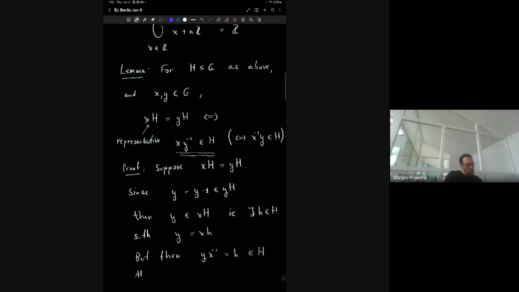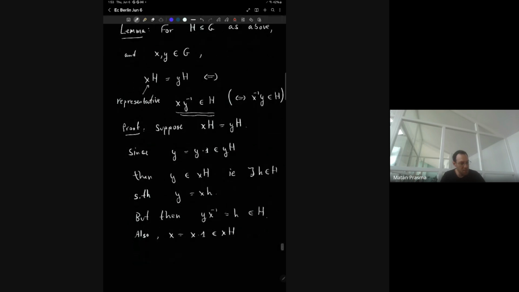Note also, if you want to do it in the other direction, x is equal to x times 1. So x is always an element in the coset xH. And the coset xH is assumed to be equal to the coset yH. So x must be an element in the coset yH, i.e., there exists some h' such that x is equal to yh'.